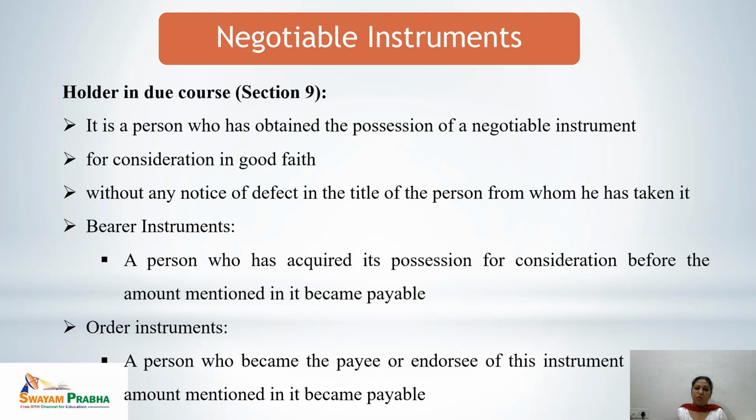And in case of order instruments, a person who became the payee or endorsee of this instrument before the amount mentioned in it became payable. That means in case of a bearer instrument, the one who has the possession, and in case of an order instrument, the one to whom the instrument is endorsed or transferred, becomes the holder in due course according to Section 9 of the Negotiable Instruments Act.